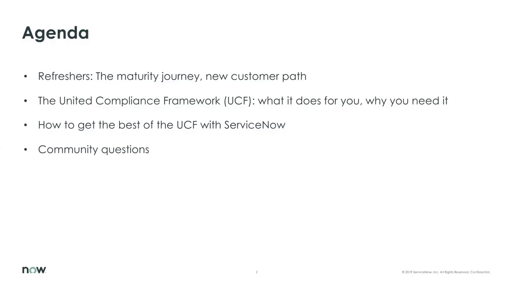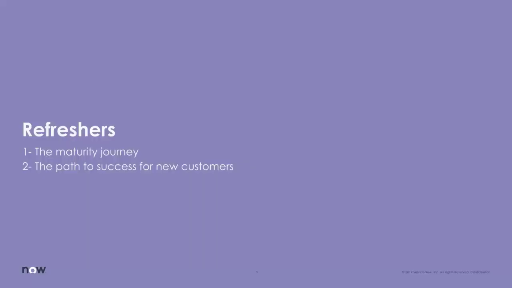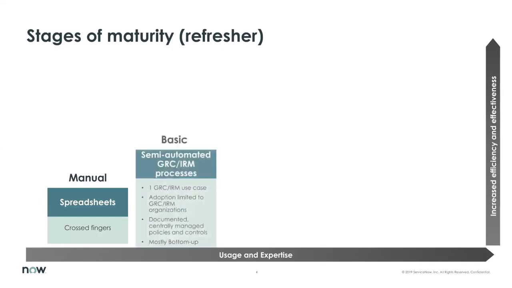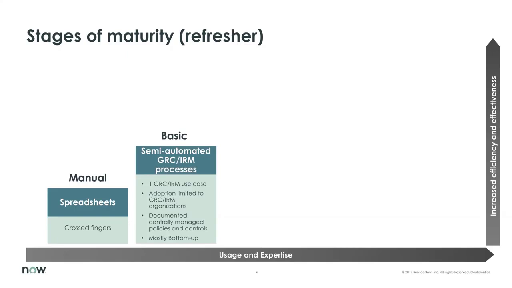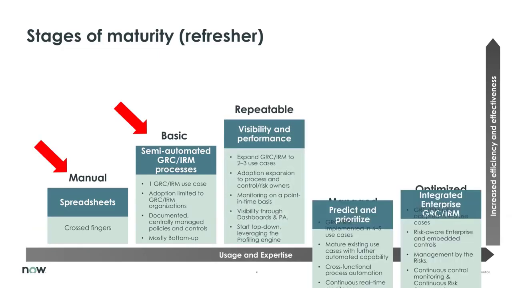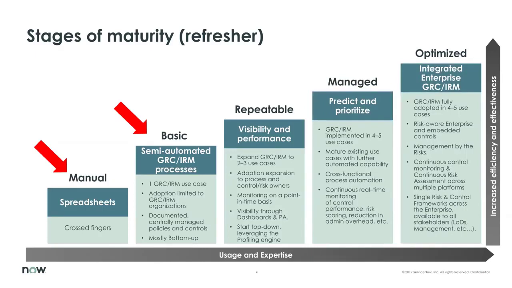All right, so let's get started with our usual important set of refreshers, just so that we're all on the same page. So you will remember that we are all on a journey together, a journey to lower risk and higher efficiency and effectiveness. We are starting with the first steps, those that will help you to get to maturity level 1, called basic on this slide. We'll soon have more tutorials for our more advanced customers.